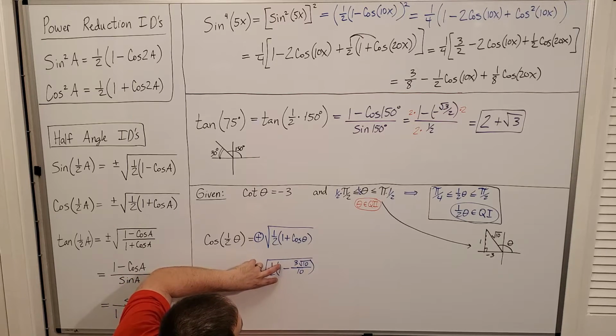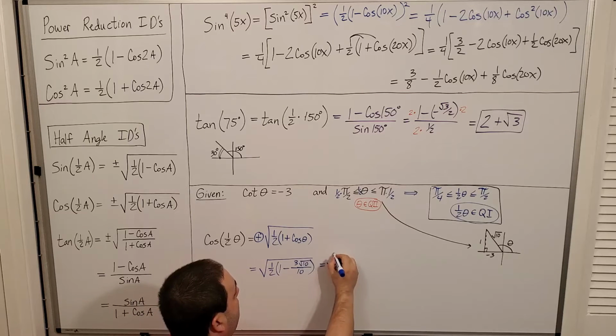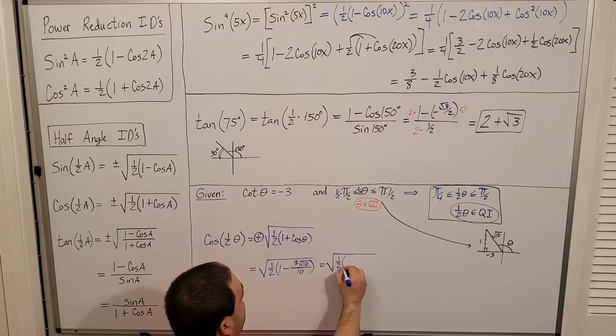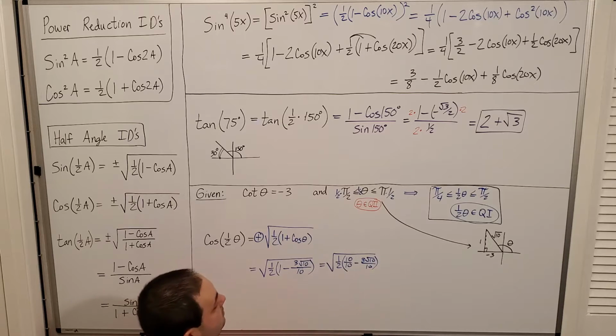Right here, though, also what I can do is write the 1 as 10 over 10. So square root of 1/2, and then I've got 10 over 10 minus 3 square root of 10 over 10. Okay?